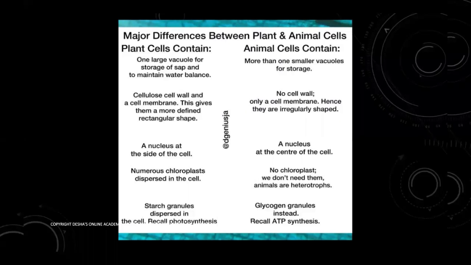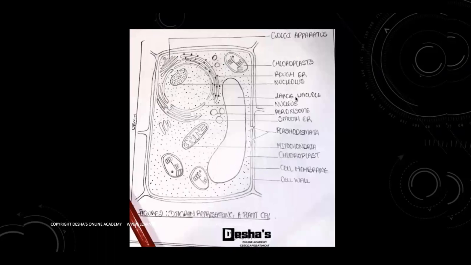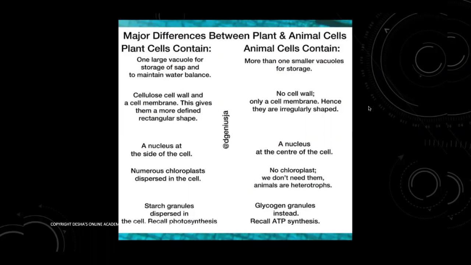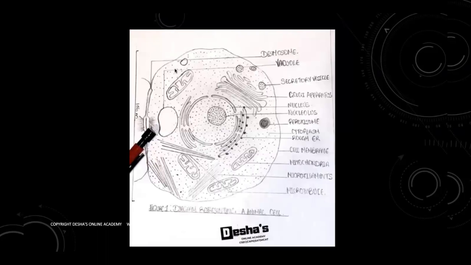Remember, only plant cells contain a cell wall, which is made up of cellulose, which that's why it looks like this, a rigid rectangular shape because of the presence of cellulose, okay? No cell wall for animal cells, but they contain a cell membrane, and that's why they are so irregularly shaped. You have some look like a circle, some look like a oval, or so forth.